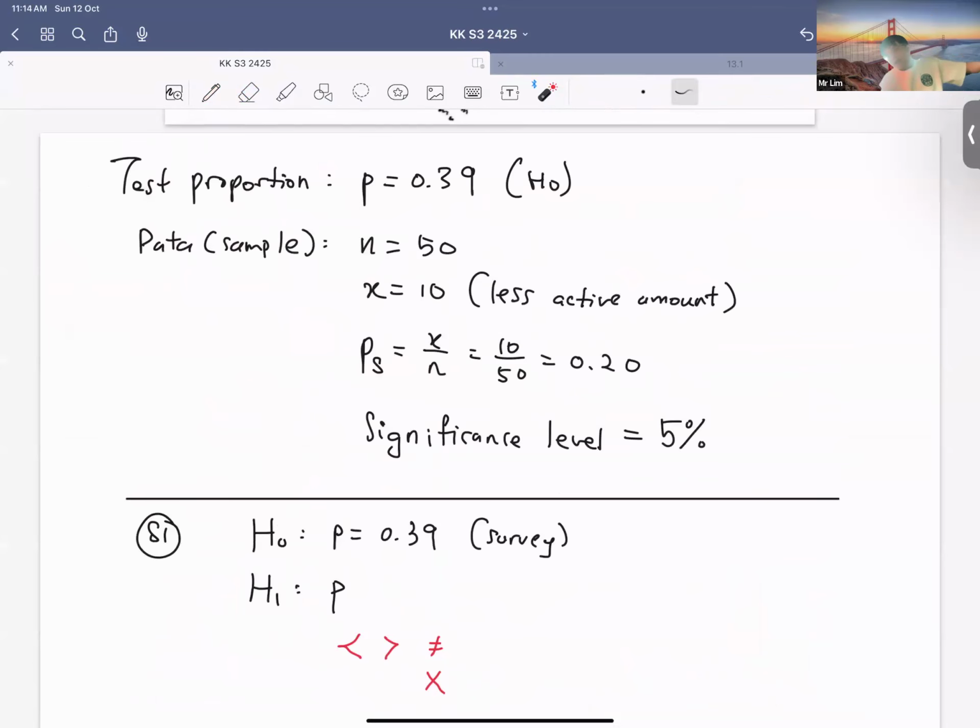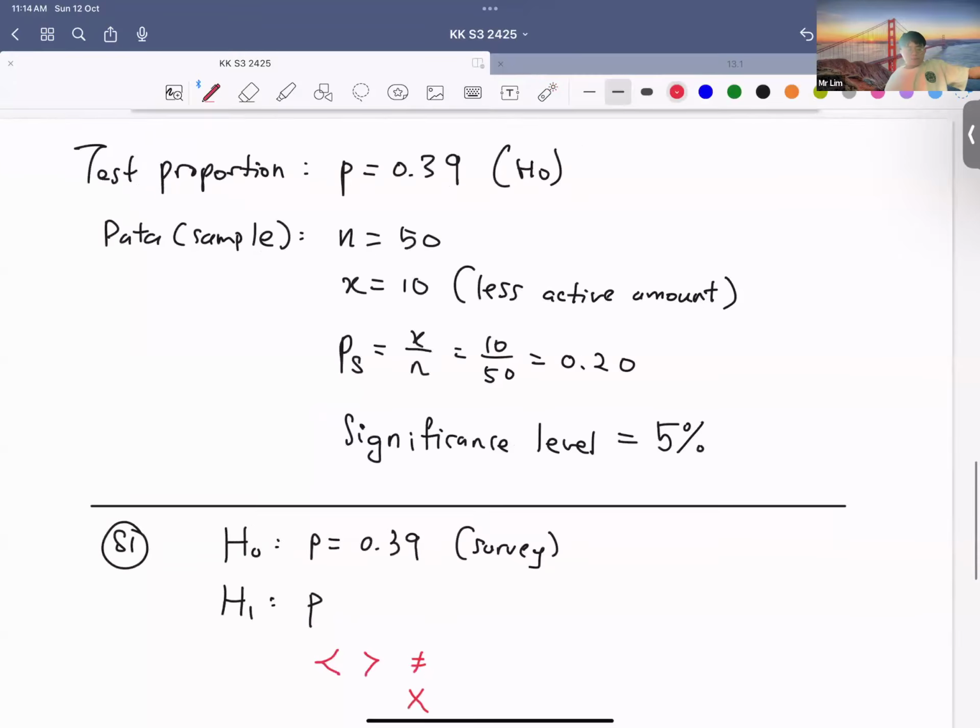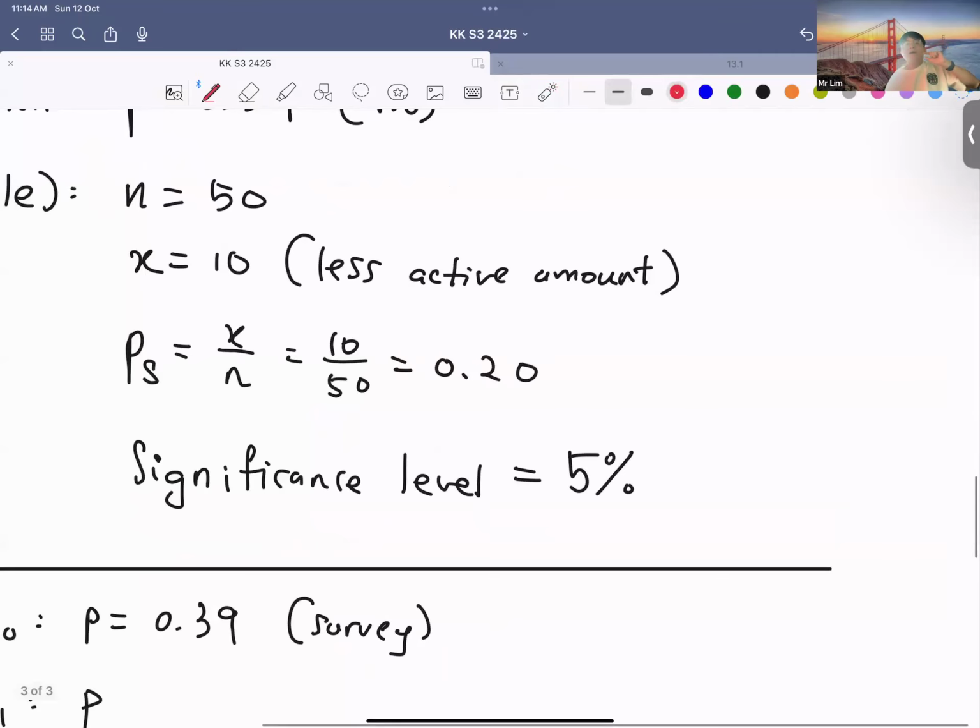Based on your finding, you want to test whether it is 0.39 or less or greater than. It depends on your finding, on your p-hat. In my situation, my p-hat is 0.20, which is less than 0.39.